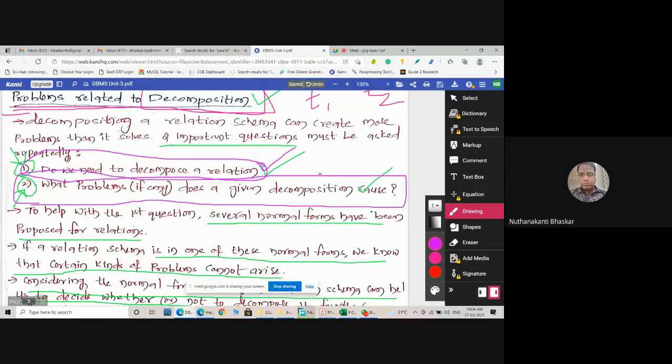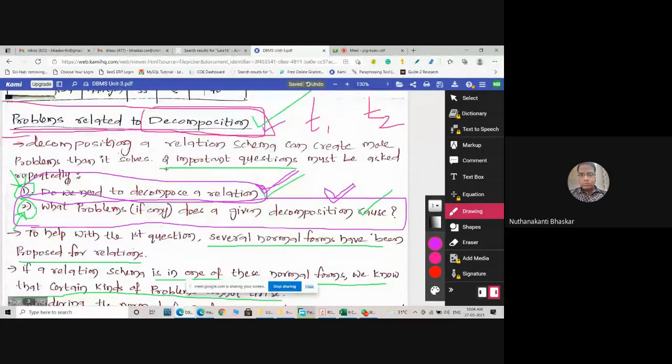After applying decomposition with the help of the normal form, you have to check the post-decomposition rules. What are the post-decomposition rules? They are dependency preservation and lossless join. Understand? This is every time. Before the normal form application, you need to check this question, and after the normal form application, you need to check this question.